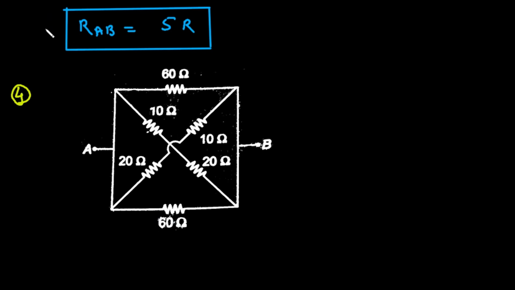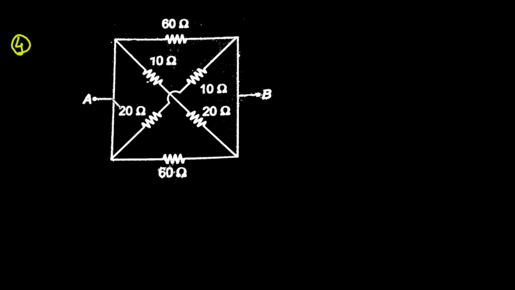Now here again we will redraw this circuit to simplify it. Now here we can see this is one node and this is the second node.